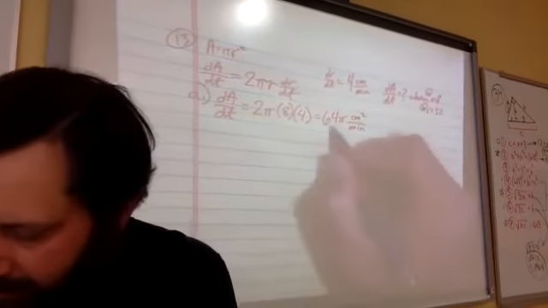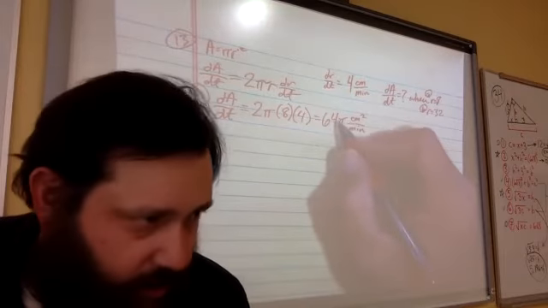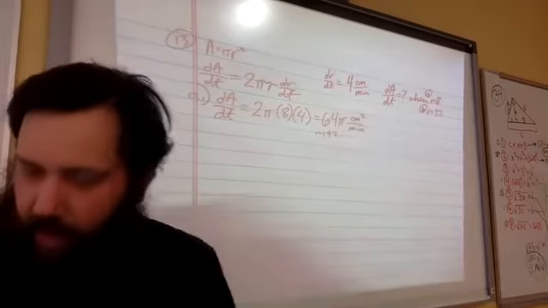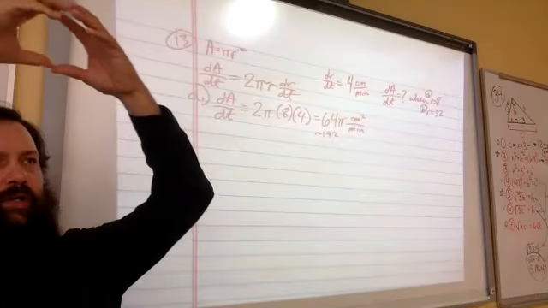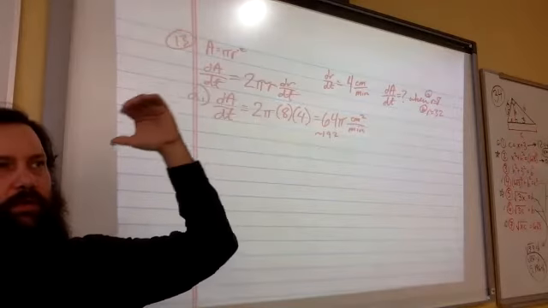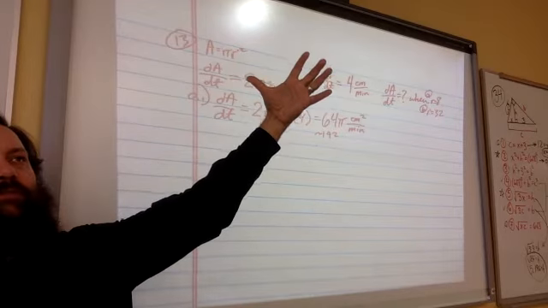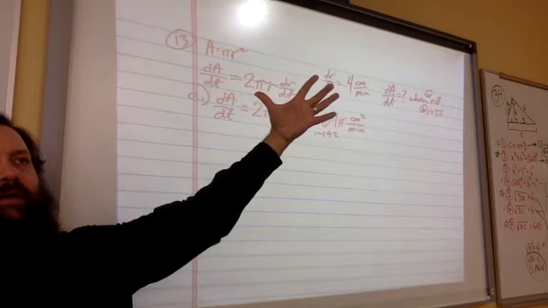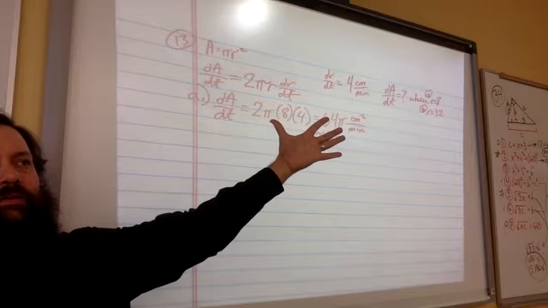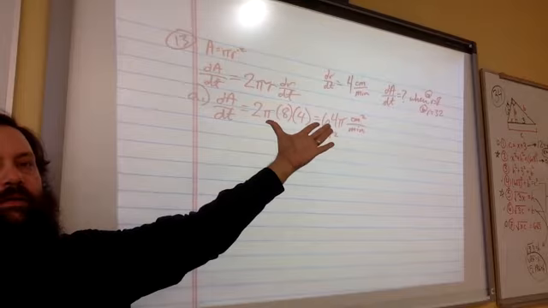So 64 pi is about 192 square centimeters per minute. Do you think when the radius is 32 and it's growing at a rate of 4 centimeters per minute, the area is expanding faster or slower? Faster?